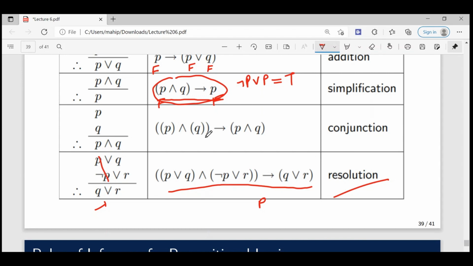Right? If you are using any subset of the truth table, then before writing it down you must mention it. Why you are doing so? The explanation must be given.